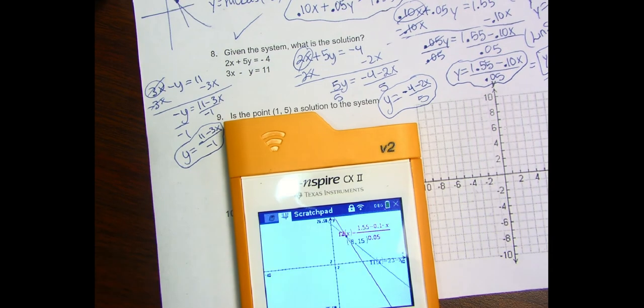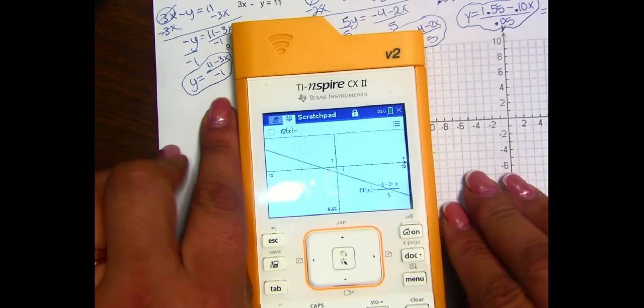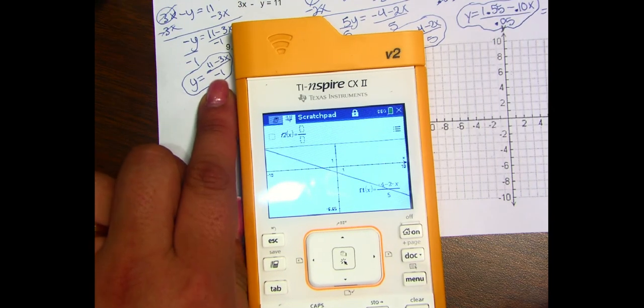So clear it, and then go back to graphing, and then just type control divide -4 minus 2x over 5. Press down, and then now type the other one, control divide 11 minus 3x over -1.